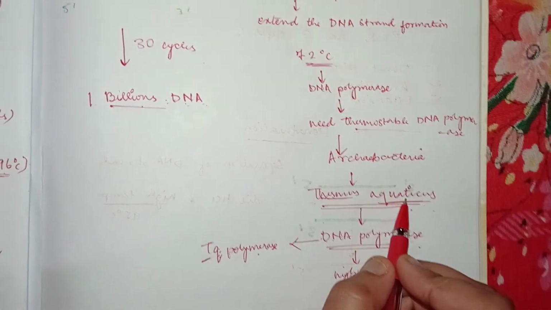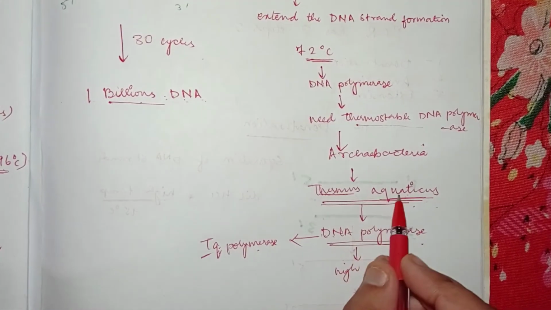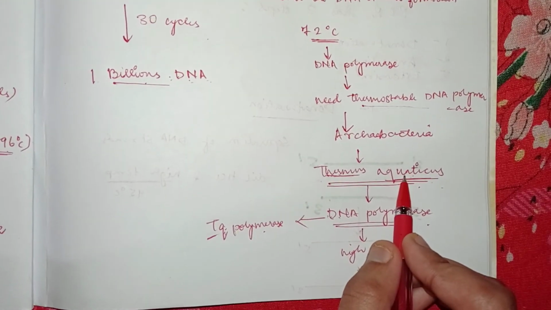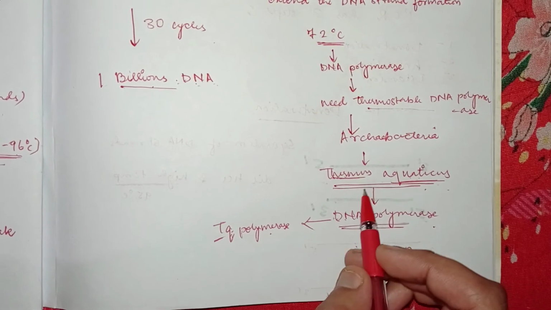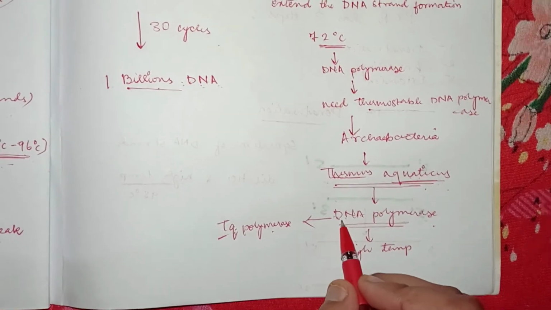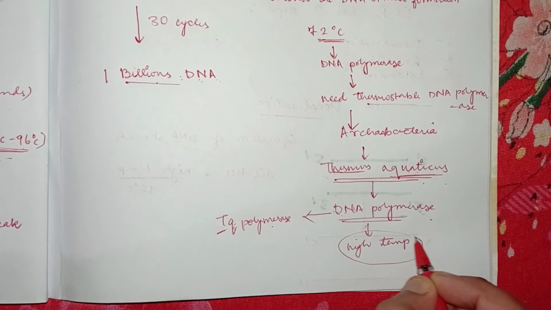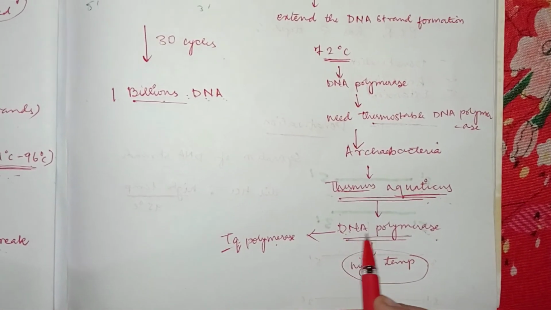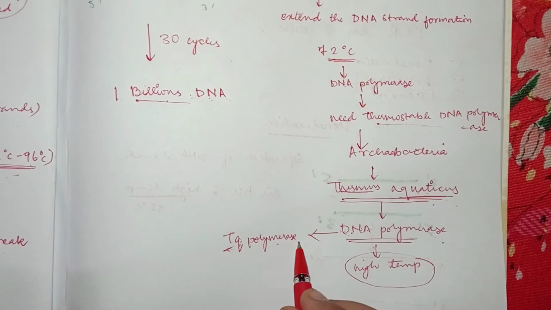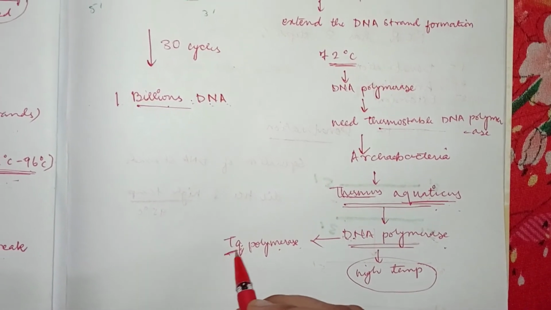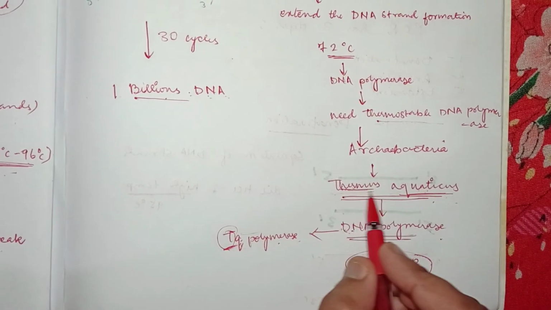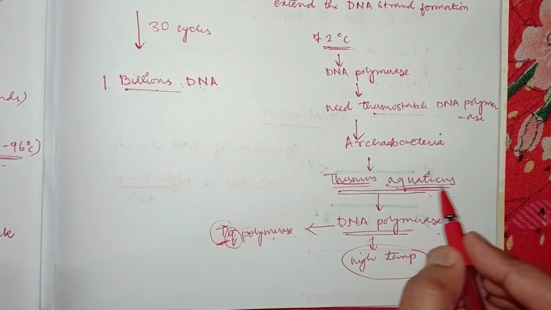This is an archaebacteria which survives at a very high temperature. From this bacteria we remove DNA polymerase which can work at high temperature, and this DNA polymerase is also known as Taq polymerase because T symbolizes Thermus and Q symbolizes aquaticus.